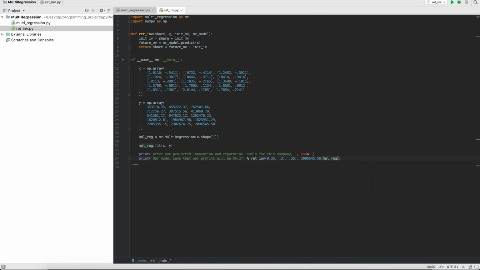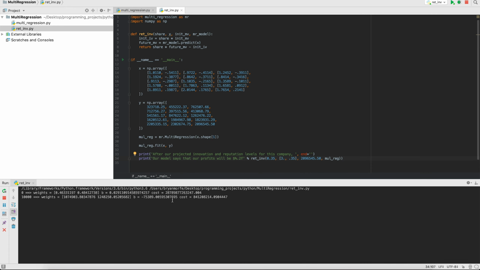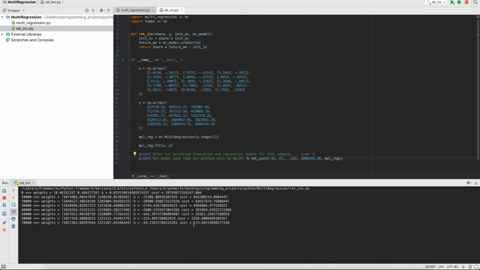This is the initial market value. And then we have our multi-regression model. Let's see if this works, guys. I hope it does. If not, we'll fix it. So we have a gigantic cost, and it seems like it's decreasing, so something is working.